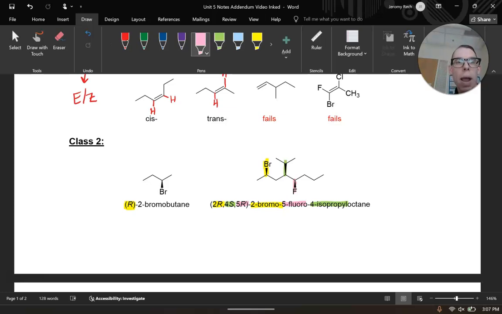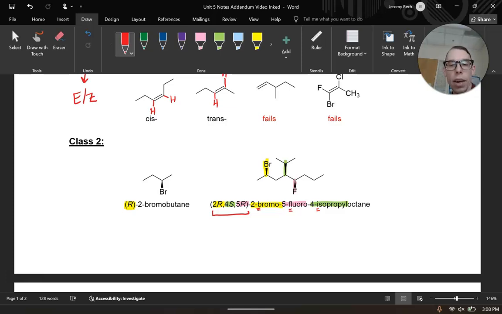You'll note that these don't match in terms of the same order because for naming it's alphabetical. So the B of the bromo beats the F of the fluoro, which beats the I of the isopropyl. But in terms of the descriptions in your parentheses, all of these are going to be in the same order, lowest to highest. There is no alphabetical order, and it's going to be a number, which is the locant, and then the R or S for it.